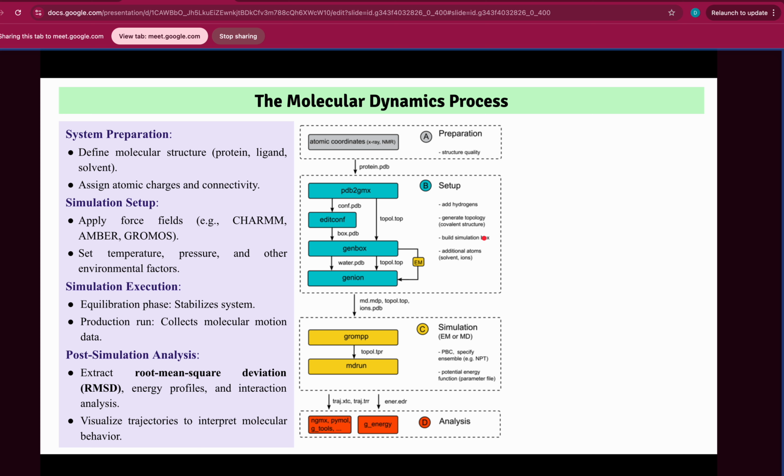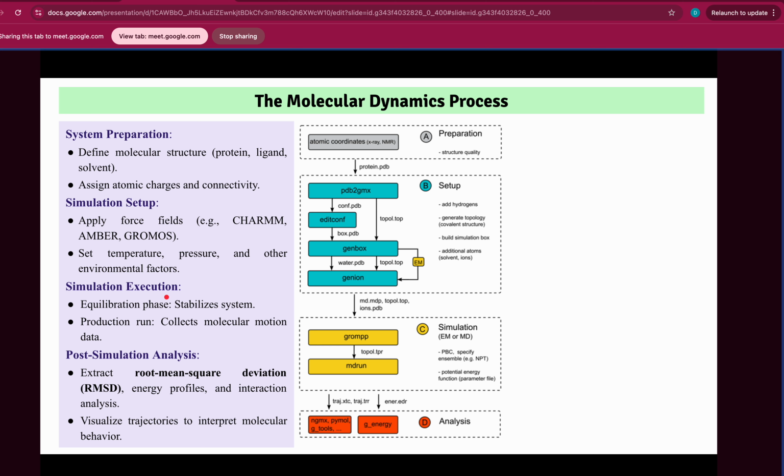It will not focus on the entire protein. So it helps you to study the significant or specific conformational changes of a particular protein. Then come additional atoms. If you have a charged protein, then to neutralize it, you can add certain ions to neutralize the charge and then proceed with the simulation.